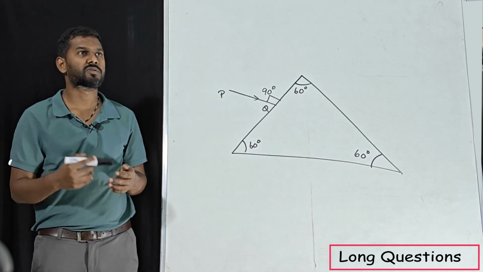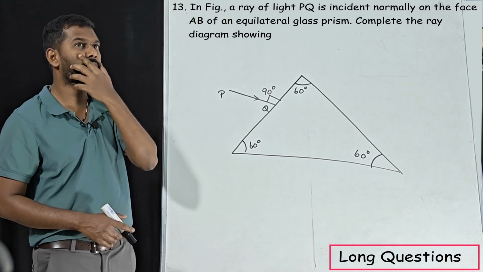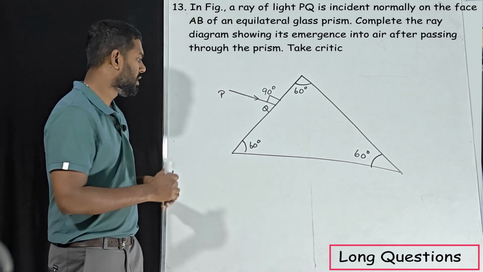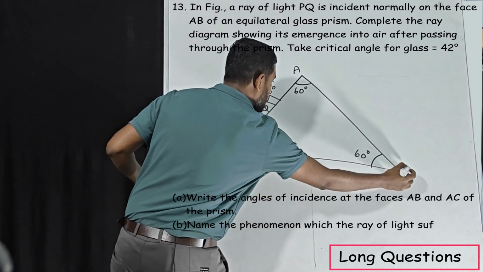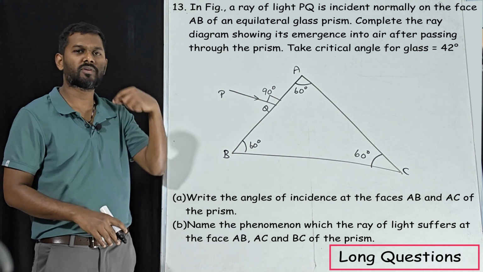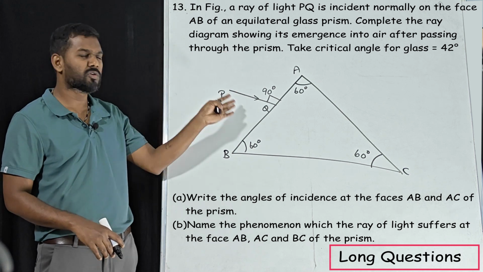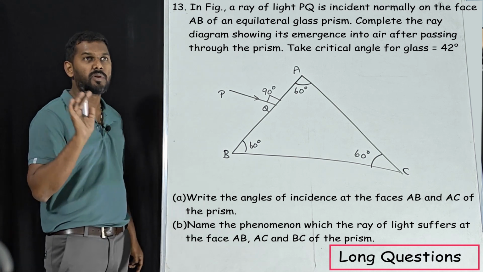Our next question: in the figure, a ray of light PQ is incident normally on the face AB. This is A, this is B, and this is C. If you know the procedure, whatever the question, whatever the angle, whatever the prism they give, we can always draw and complete the diagram.